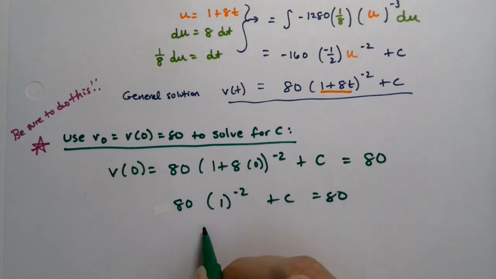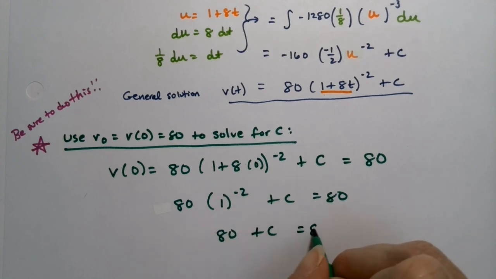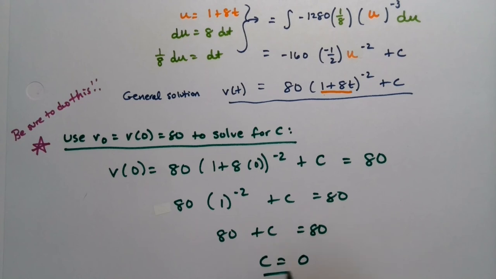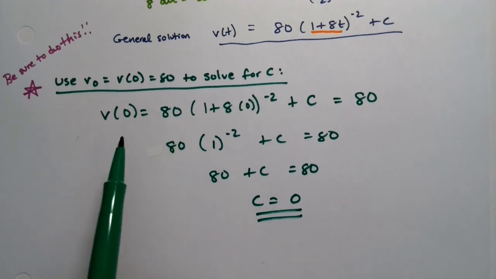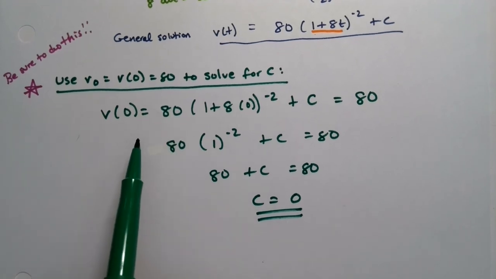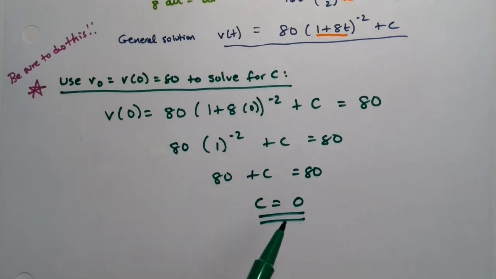And 1 to the negative 2 is 1, so this is 80 plus c equals 80. So c was 0. You have to solve for c, right? The only time you can kind of get out of it a little bit is with polynomials, but this is not a polynomial function. So you have to check and figure out what your c is.